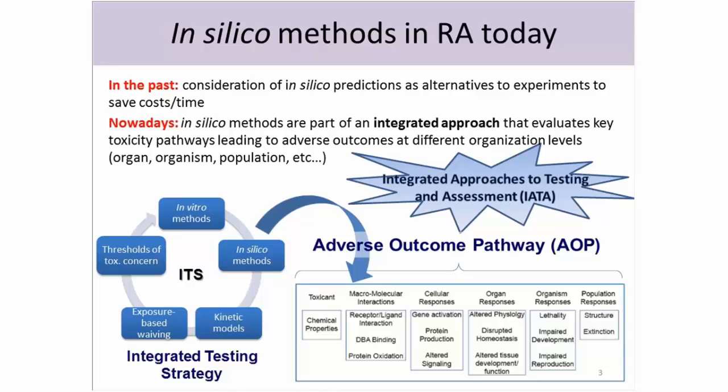Now they are simply a part of a wide array of tools that can be used together to have a complete picture of your compound, of the toxicity of your compound. So the idea is to use in silico methods in an integrated testing strategy approach.